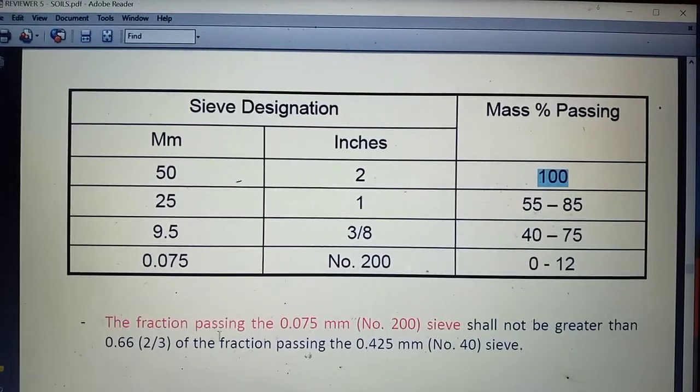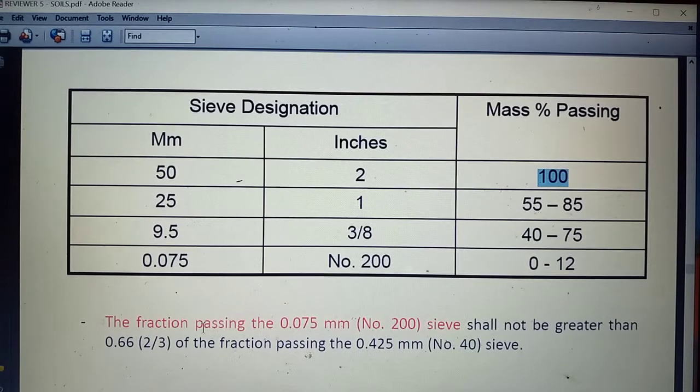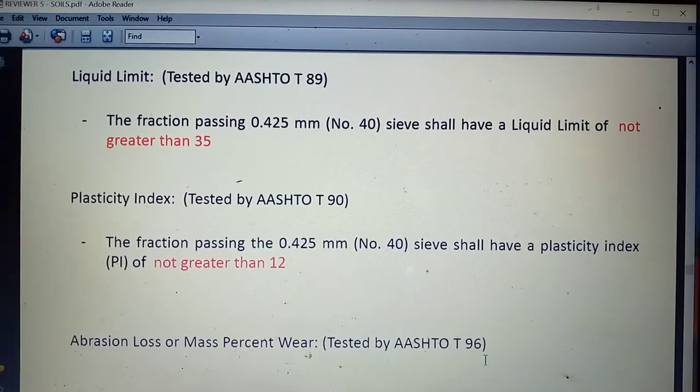So, meron pa siyang additional na requirement para kay Item 200 or aggregate sub-base course. The fraction passing the 0.075 mm or number 200 sieve shall not be greater than 2/3 of the fraction passing at 0.425 mm, number 40 sieve. Yan yung additional requirement ng AASHTO.